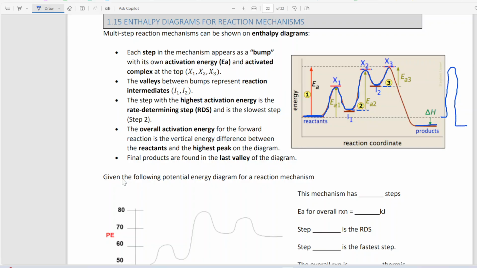When we're looking at a simplified potential energy diagram, you're just taking out the steps and asking, what's the overall activation energy? And your enthalpy or heat change would be from reactants to products, right? It doesn't matter what happens in the middle. It's always from the beginning to the very end, and that would be your delta H.